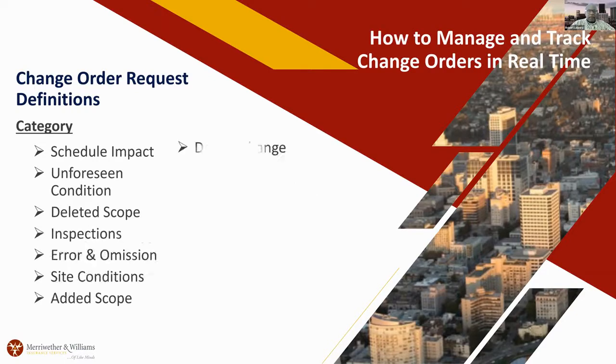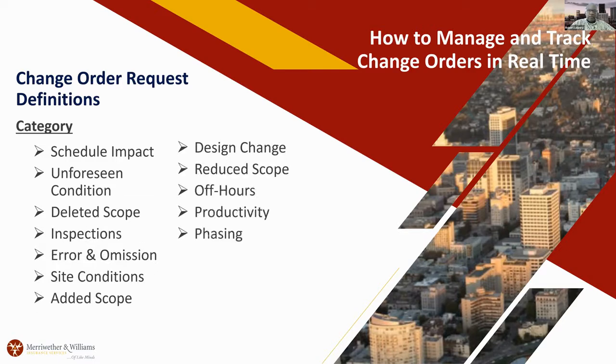So there are some categories listed here that you want to use when you are doing change orders. Schedule impact is one where you want to capture days, because that can also give you additional general conditions. Phasing is another one you see a lot in the construction industry, because you might bid it as one phase, and they'll come back and say, okay, we want you to do 2, 3, 4 phases.